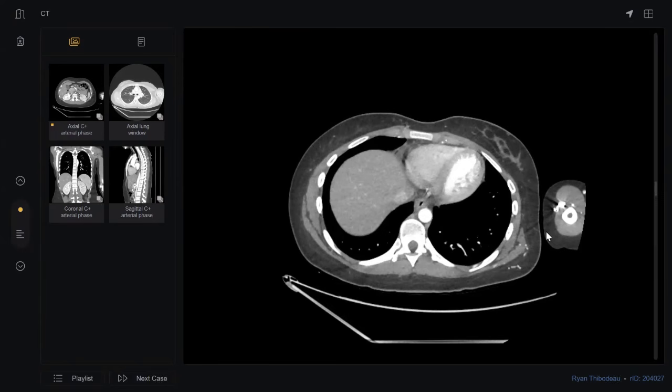I cannot recall exactly any other. Yes, sir, there is Henoch-Schönlein purpura, HSP vasculitis, which is mostly noted in kids. And then one is Kawasaki's disease, which is also a vasculitis, which occurs after a viral infection.